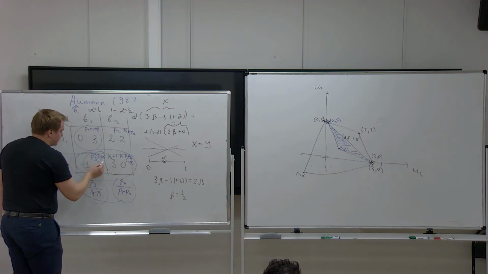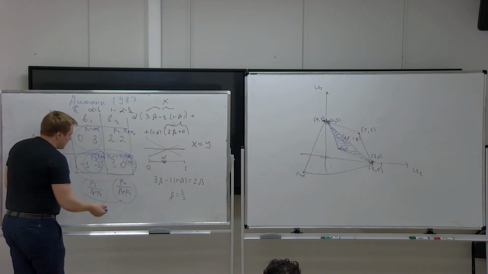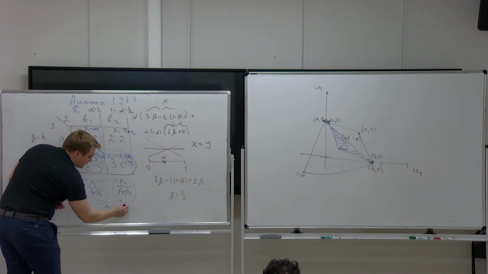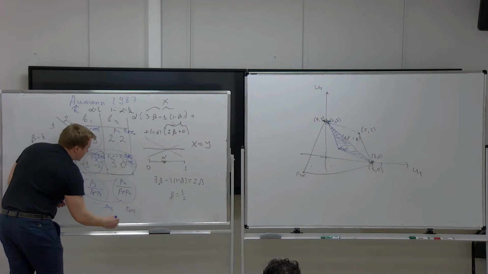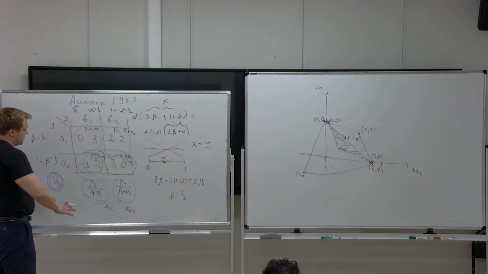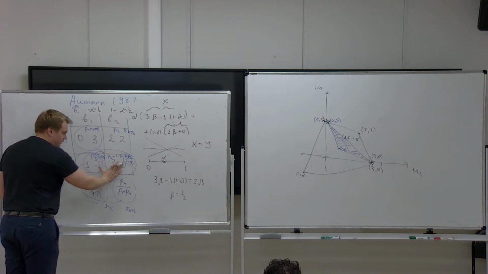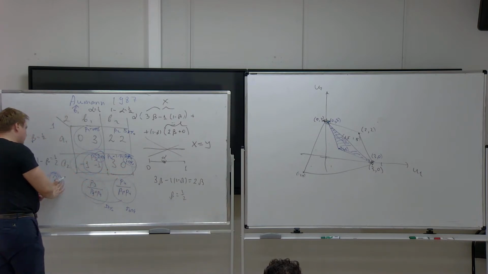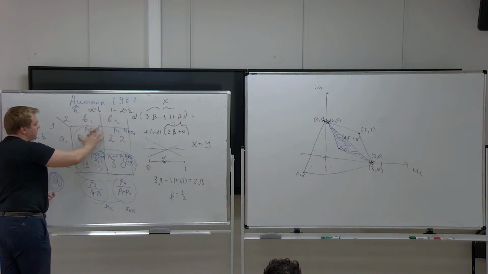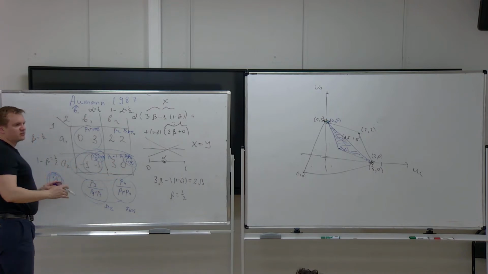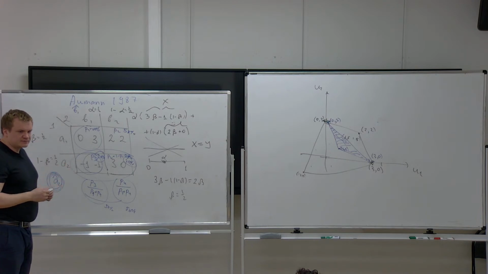It's 20% and 20%, so after Bayesian updating it becomes 50 and 50. Now the first player says, I think my opponent plays 50-50. Am I willing to choose A2? Well, for 50-50, we already know that he's indifferent.